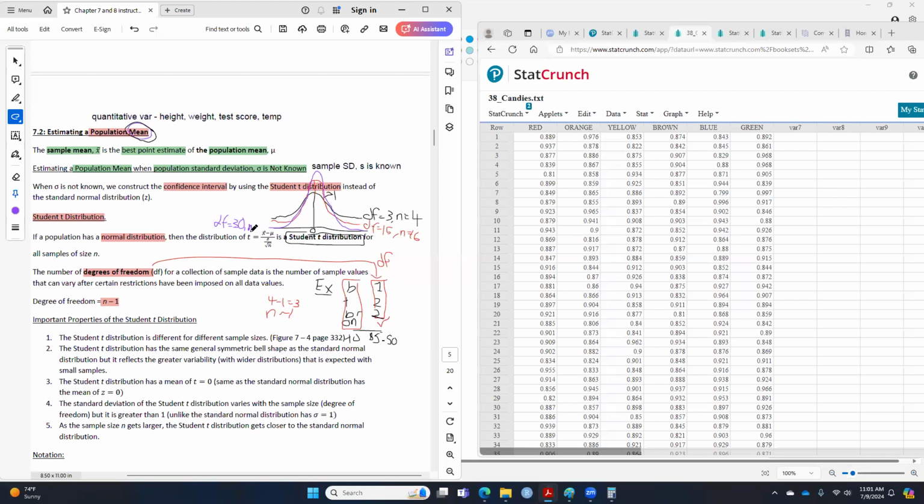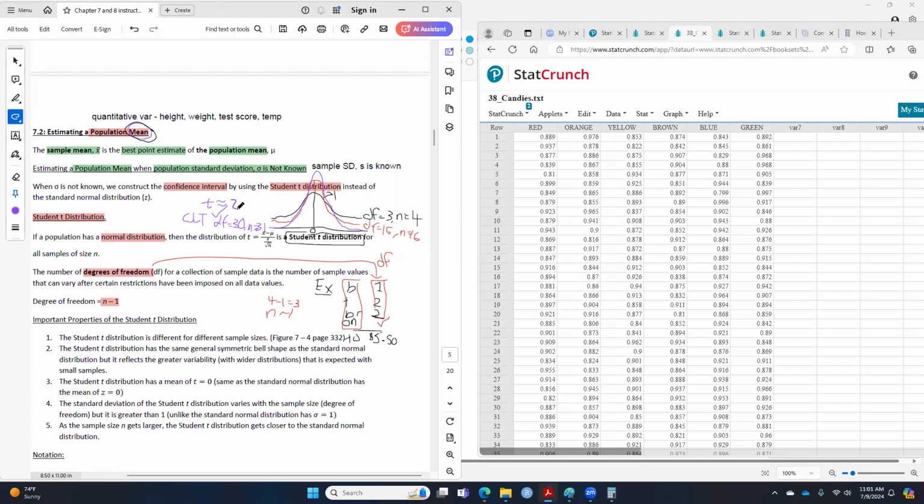That means your n is 31. The good news is when you reach n is 31, CLT is available because your sample size is greater than 30. So your t distribution once you reach this is very similar to your z.